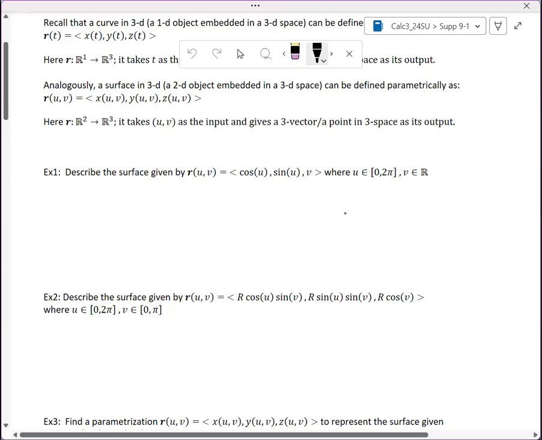So one thing that we can note is if we hold v constant, then we get x and y, or cos u and sine u. That's a circle in the xy plane, or a plane parallel to the xy plane. And if I hold u constant, then I have some specific value for x and y, and I'm letting z range. That's just a vertical line, parallel to the z-axis.